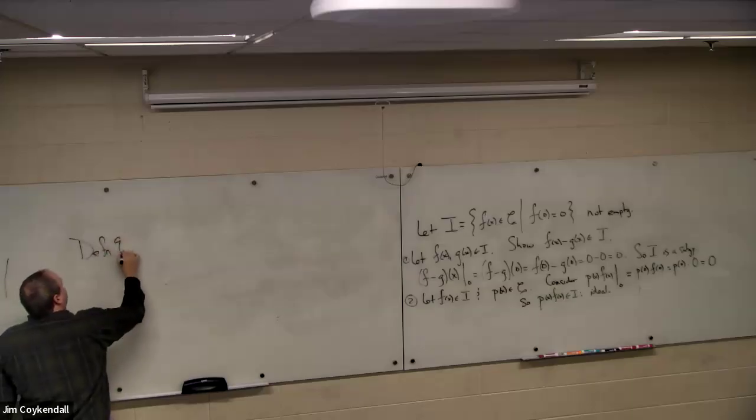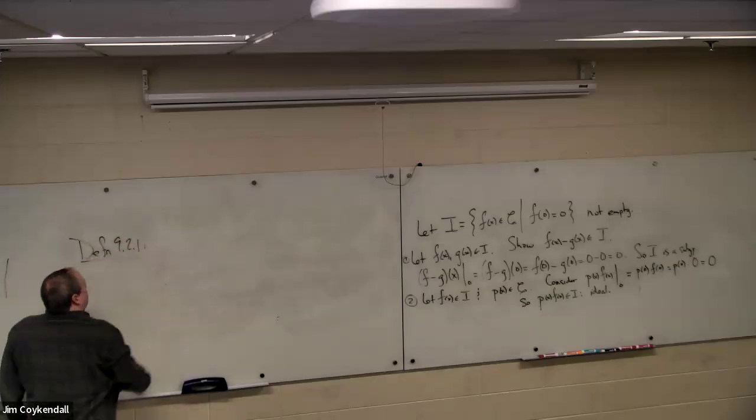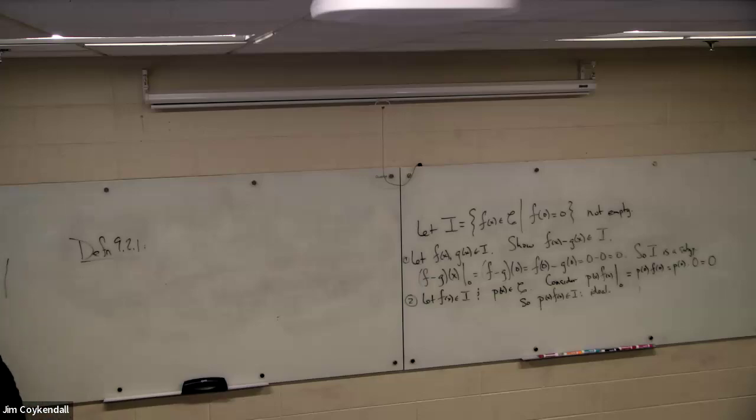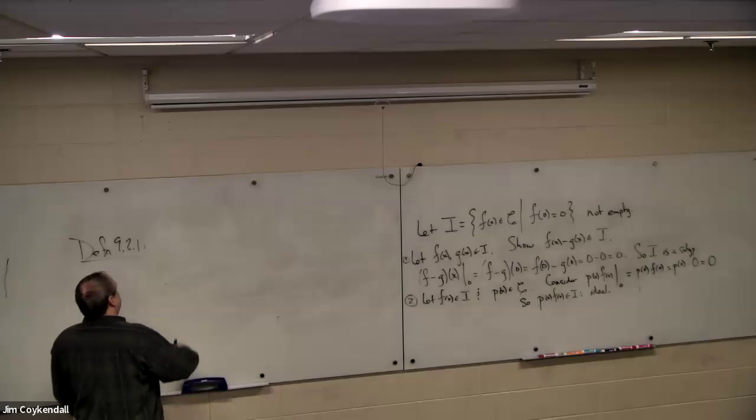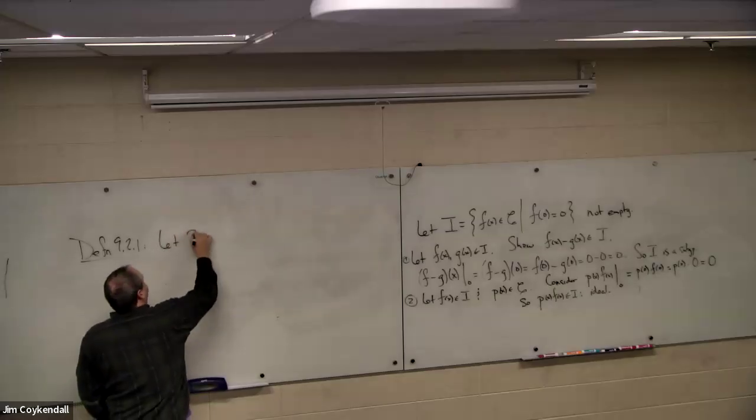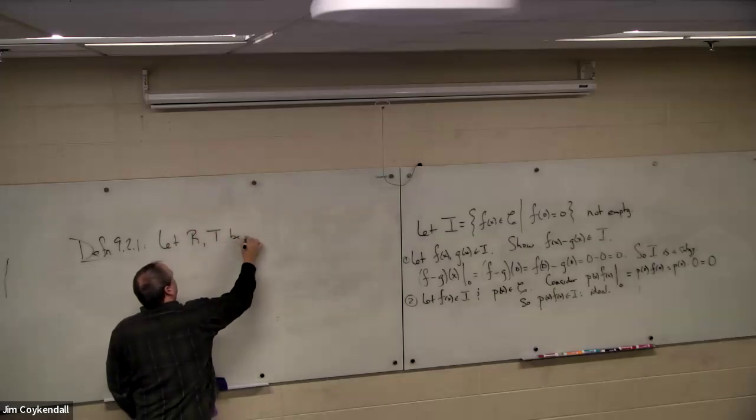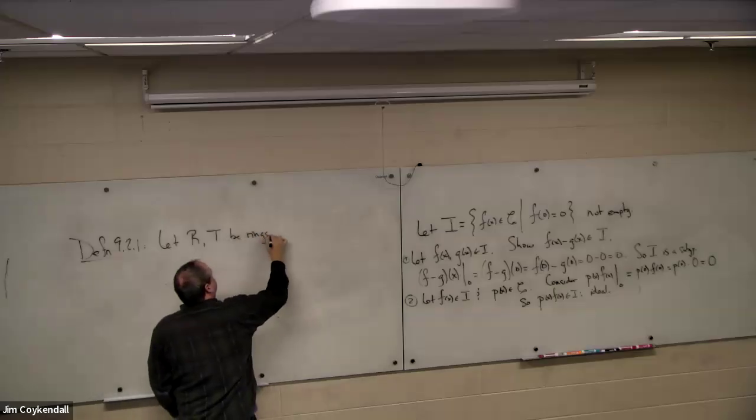And see now, this is where some of the payoff comes in algebra, because the themes that we have repeat. Let R and T be rings.